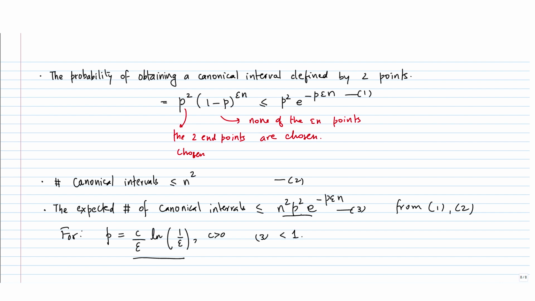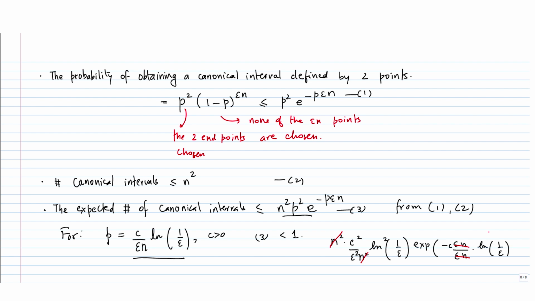So you can check quickly: n square c square over epsilon square n square, log 1 over epsilon square, e to the minus epsilon n. Right. So the n square gets cancelled, epsilon n gets cancelled, and you get something that is smaller than 1.